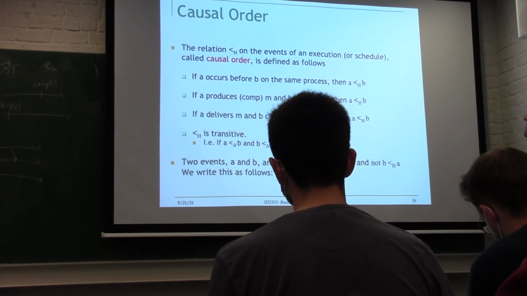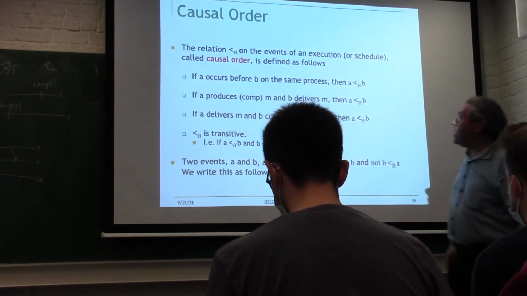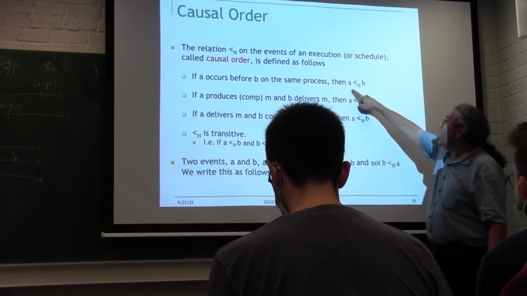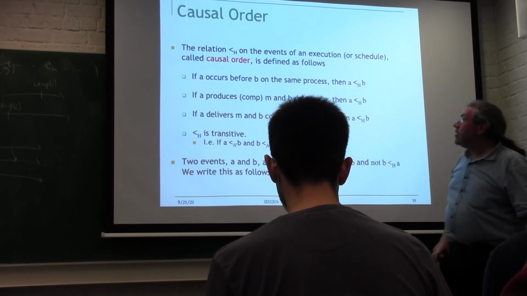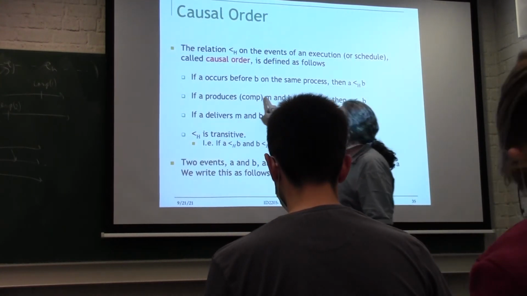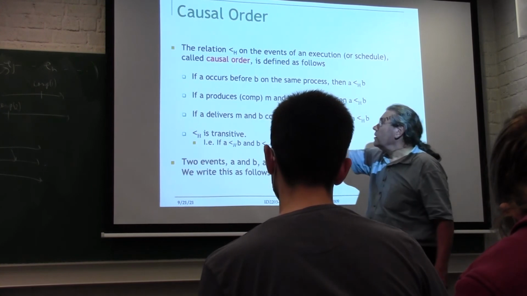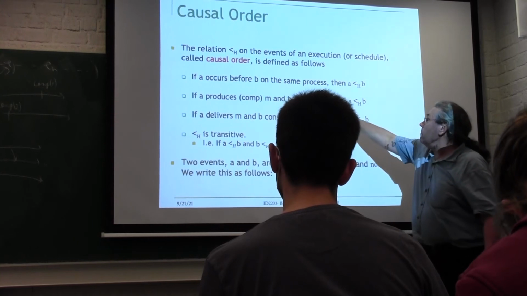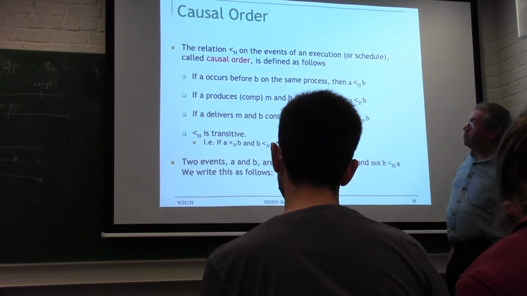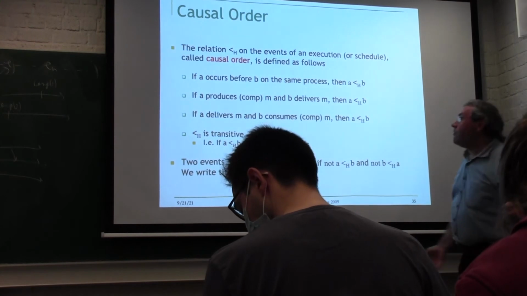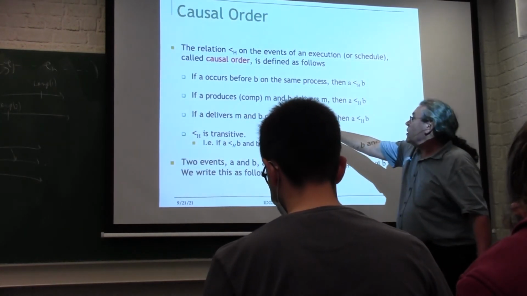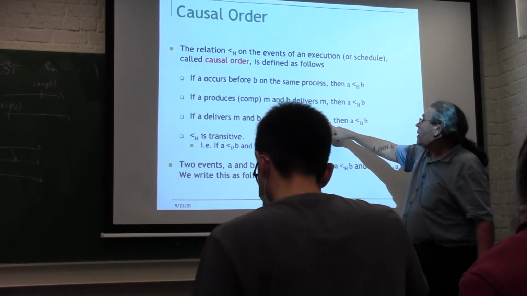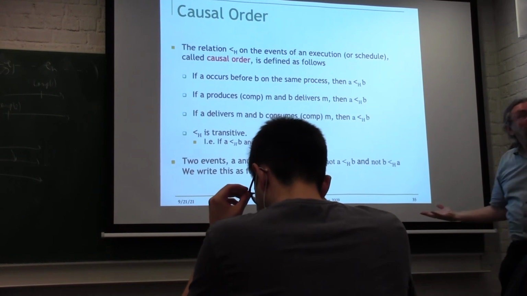If A occurs before B on the same process, then A happens before B. If A produces an M, it puts an M in the outbuff, and B delivers that M, then A happens before B. Absolutely. If A delivers M, and B consumes M, so it basically reads the inbuff, then A happens before B.